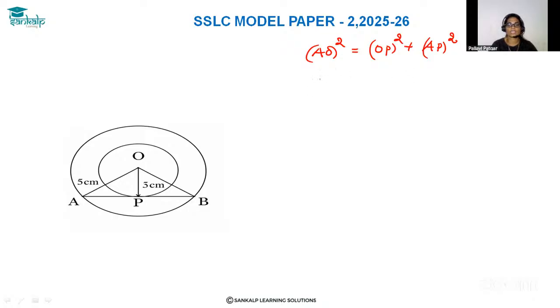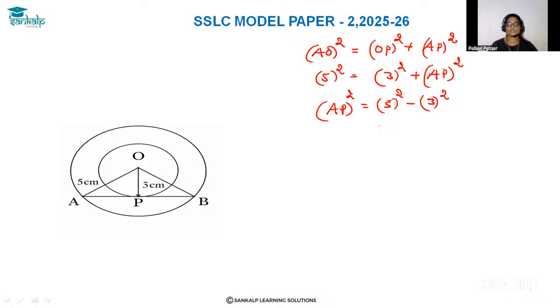So here AO square is the larger radius, so 5 centimeter, 5 whole square is equal to OP is 3 square plus AP whole square. So AP square is equal to 5 square minus 3 square. So this is equal to 25 minus 9. So this is equal to 16. So AP square is equal to 16. So AP is equal to square root of 16. So this is equal to 4 centimeter.